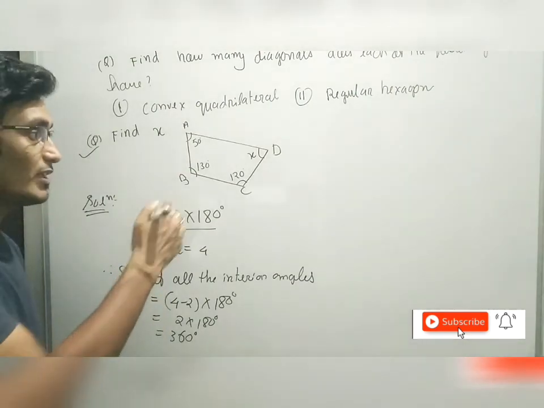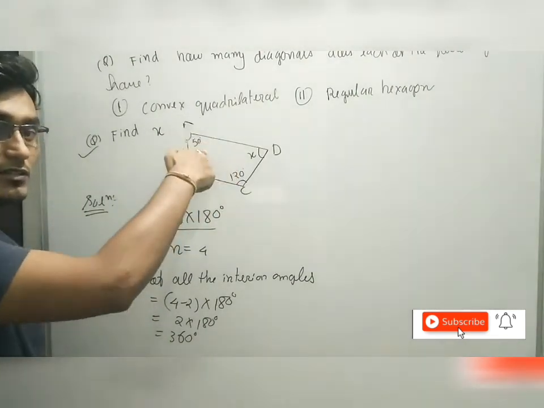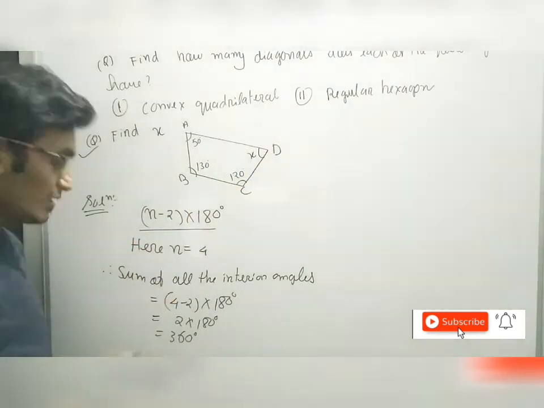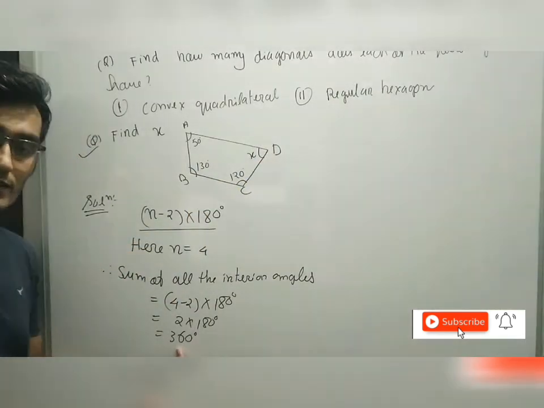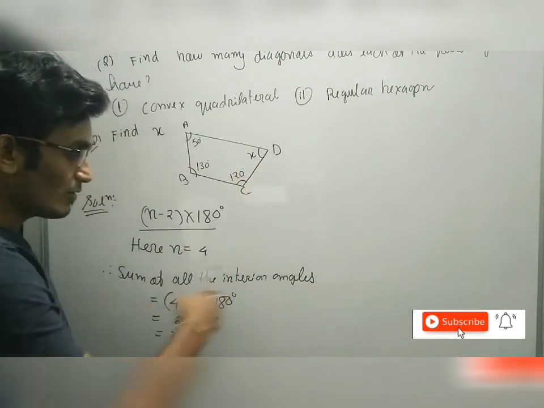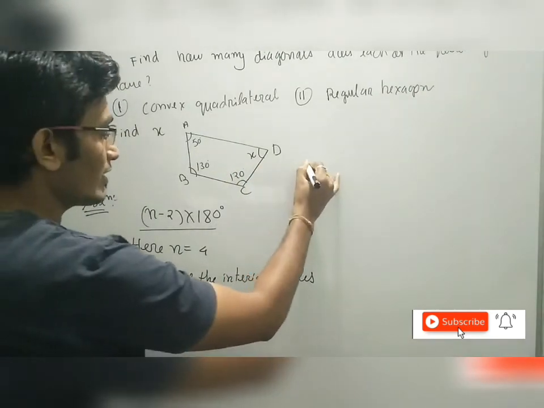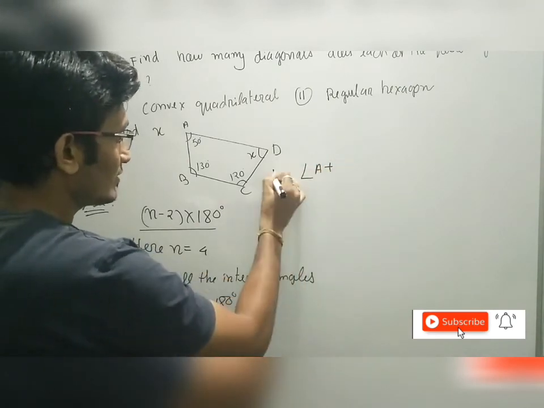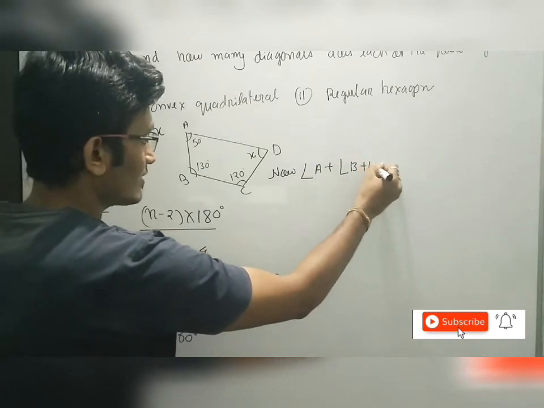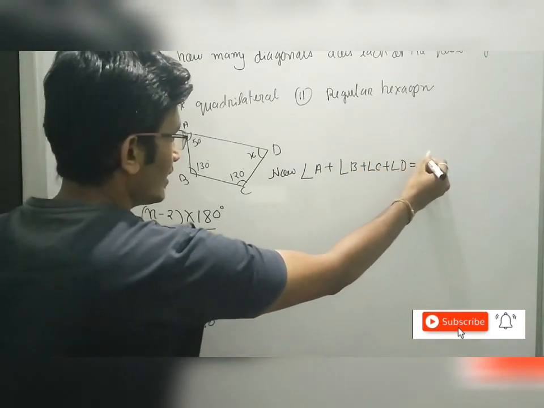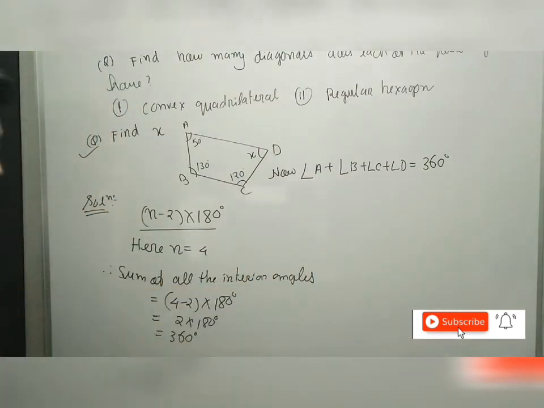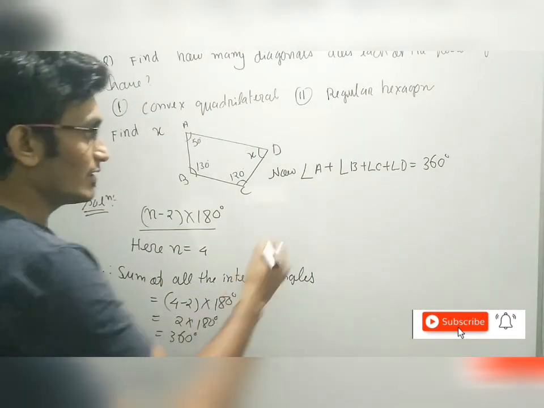That means when you add all 4 angles, angle A plus angle B plus angle C plus angle D, you get 360 degrees. So we can write A plus B plus C plus D equals 360 degrees, because the sum of all interior angles is 360 degrees.